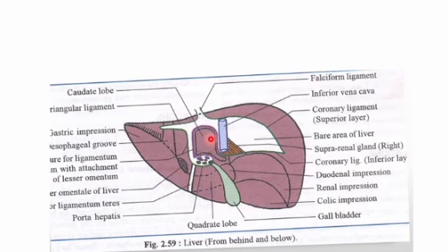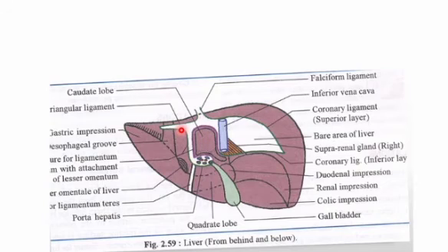We can call it a comma-shaped lobe. It is bounded on the right side by the inferior vena cava groove, on the left side by the fissure for the ligamentum venosum, above by the posterior border and below by the porta hepatis. So this is the caudate lobe.